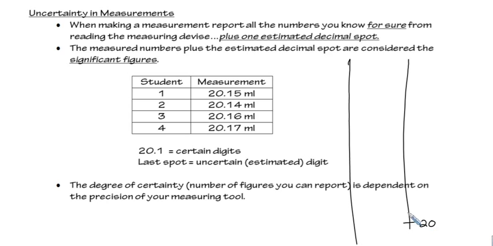This would be like 20.1, 20.2, 20.3, 20.4, 20.5, 20.6, 20.7, 20.8, 20.9, and this up here would be 21 milliliters, and so on. Because I'm going to make a measurement, I record everything I know for sure, and the last spot is the estimate.